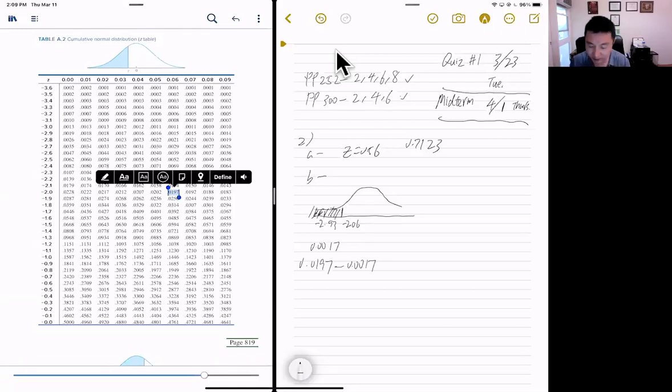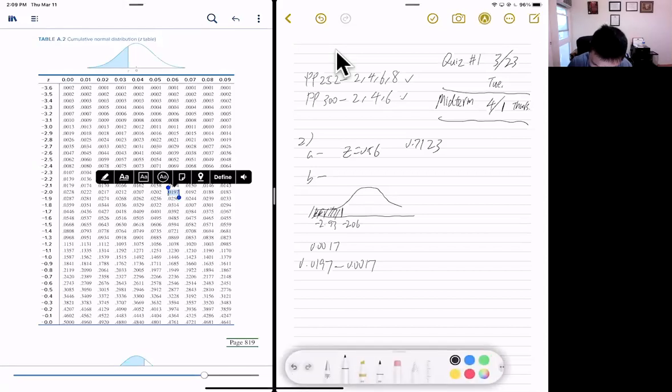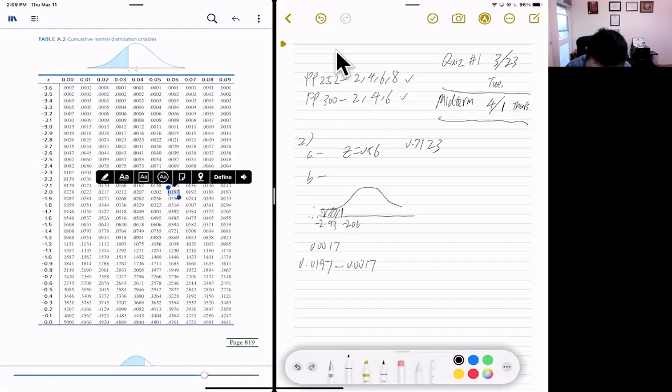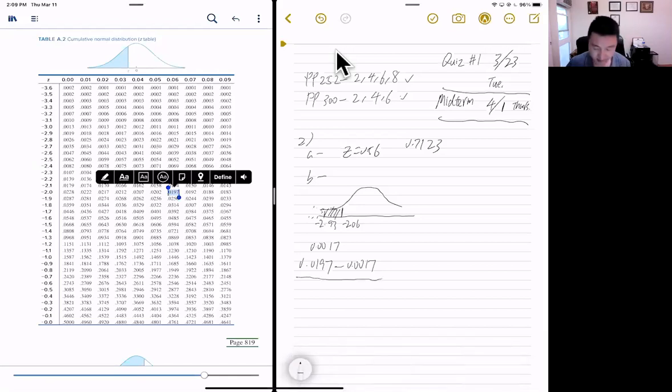That's the area between these two values, because that's what the question asked. So that's part B.